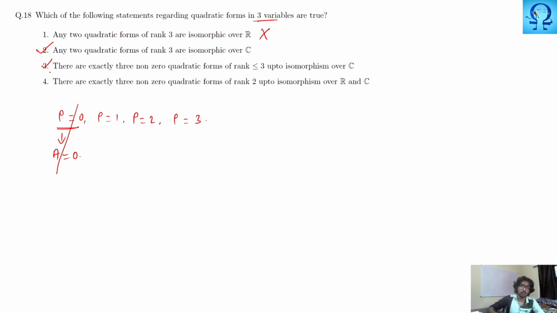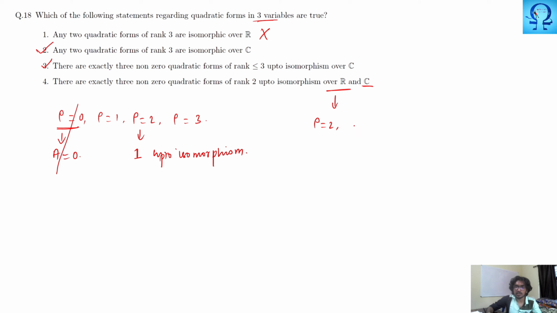This is true. Okay, and in the fourth option we have: there are exactly three non-zero quadratic forms of rank 2 up to isomorphism over R and C. Over C, exactly rank 2, which means we have only one, right? One up to isomorphism. Over R, how many will we have?